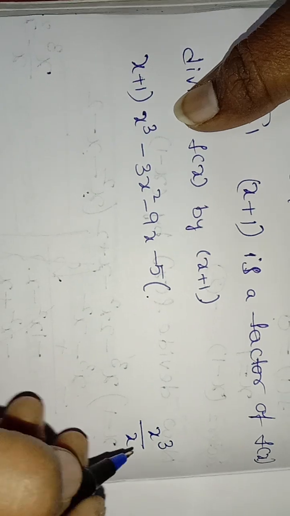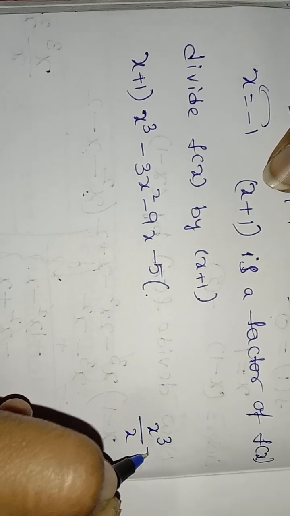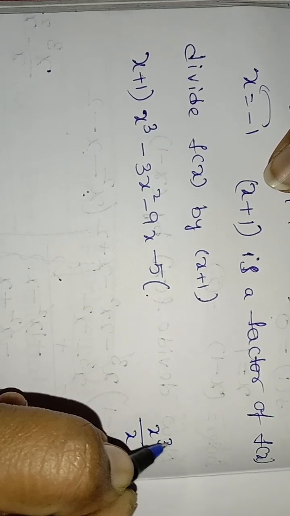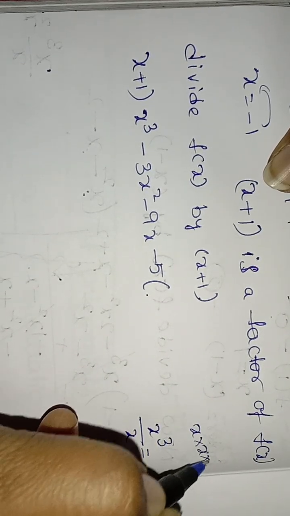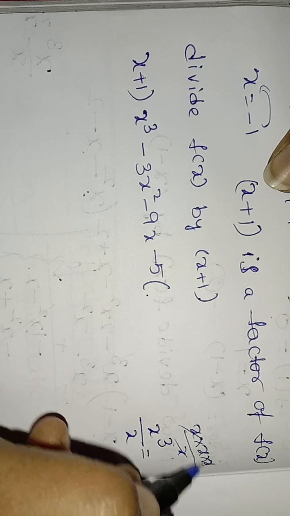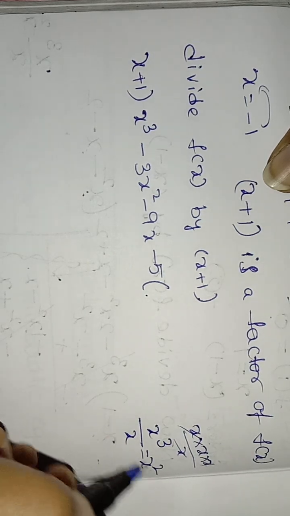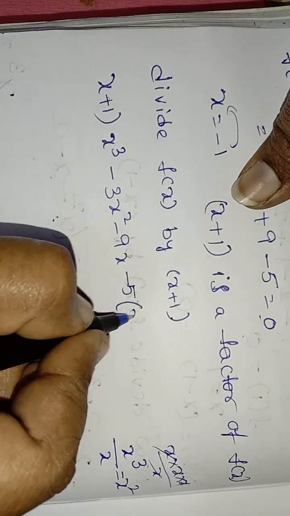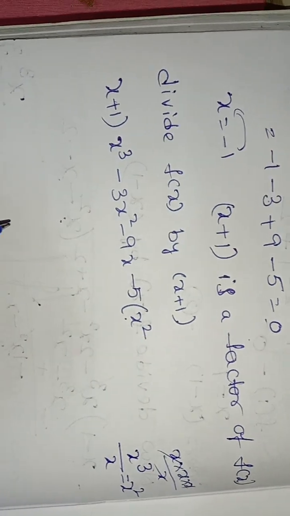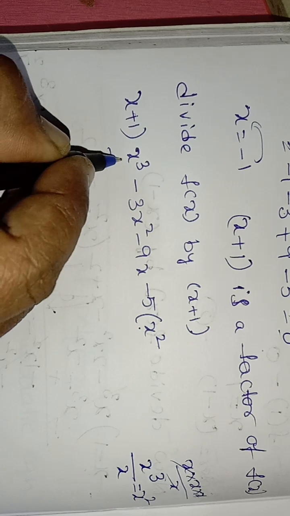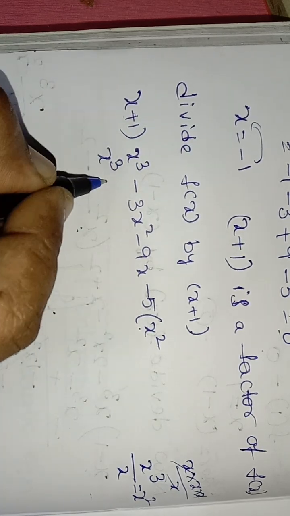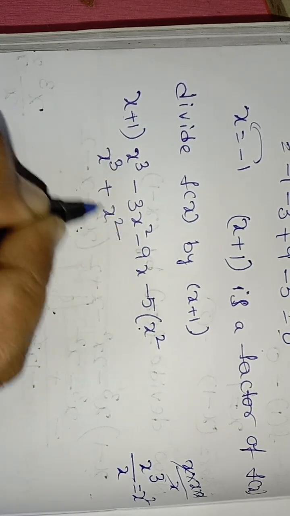After cancellation, x cube means x into x into x, divided by x, what you get is x square. So first multiply it with the divisor: x square into x is x cube, x square into plus 1 is plus x square.